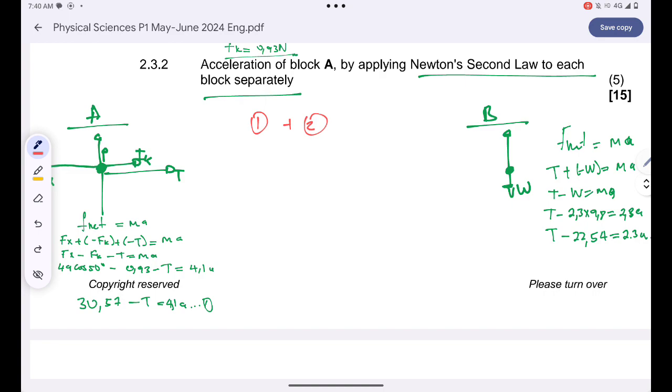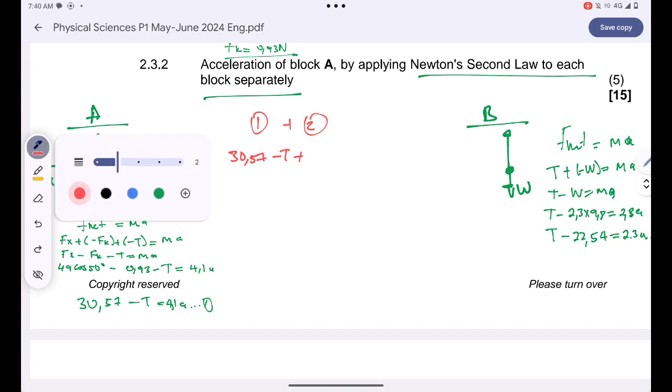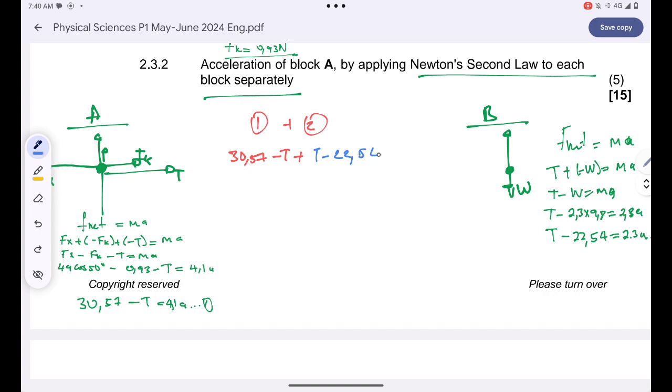Take everything on the left of equation 1, that's 30.57 minus T, plus everything on the left hand side from equation 2, that's T minus 22.54. This is equal to 4.1A plus 2.3A. I can already see that the T's will simply cancel one another.